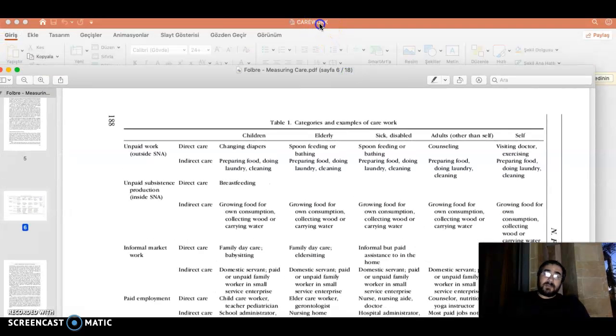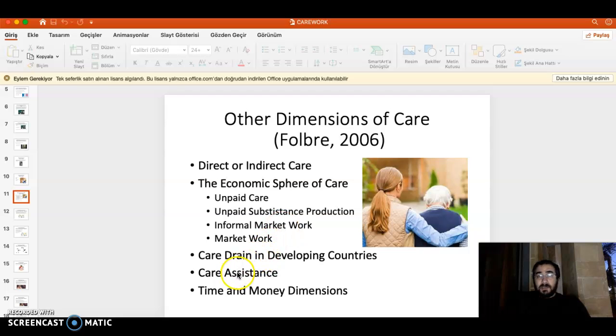A few points I want to mention. First, care drain. Let's talk about that. Care drain is, according to Nancy Folbre, something that happens in the developed countries where women want to be more free.